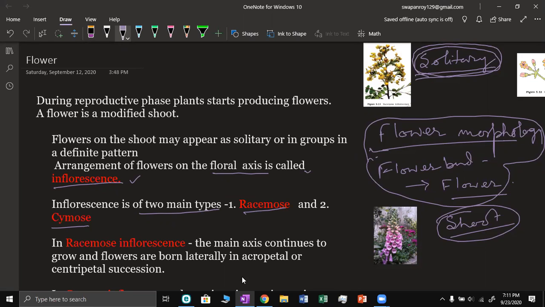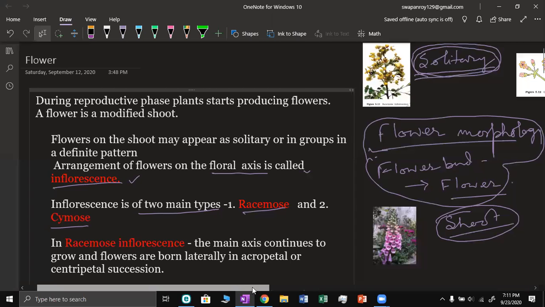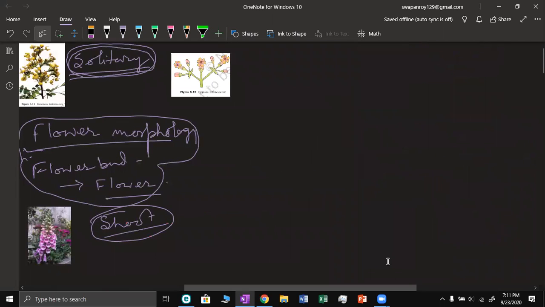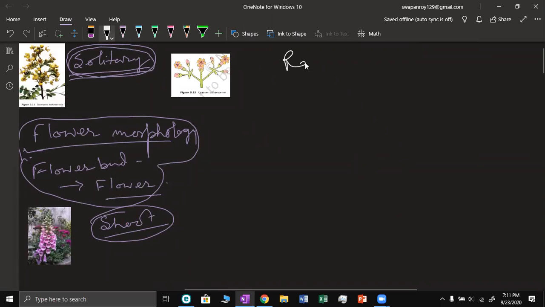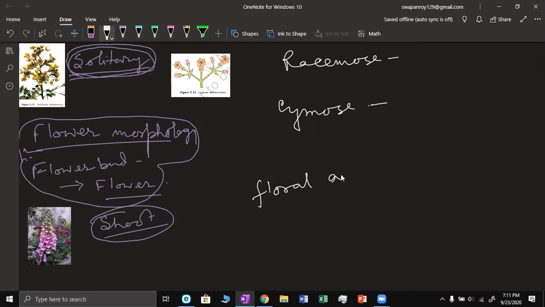In racemose and cymose, the main difference is whether the floral axis ends in a flower, or the floral axis continues growing.